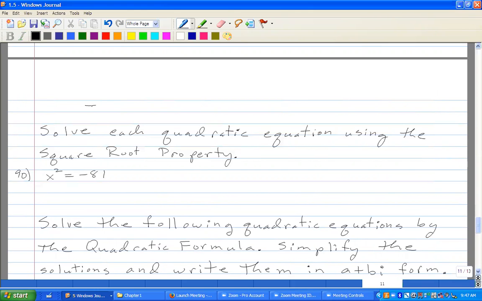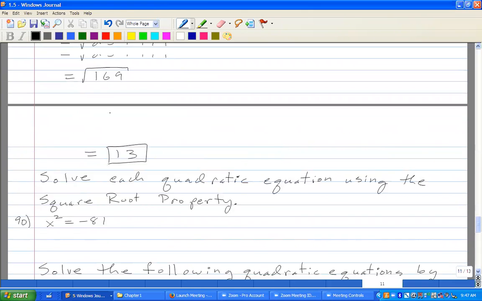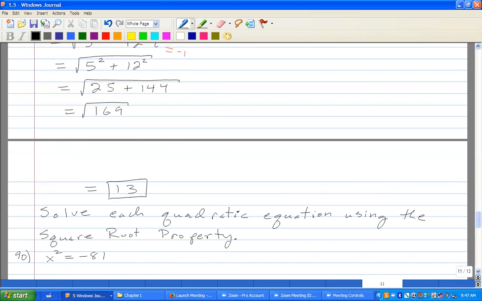And so my answer is 13. So that's the modulus of my number, the absolute value of 5 plus 12i.